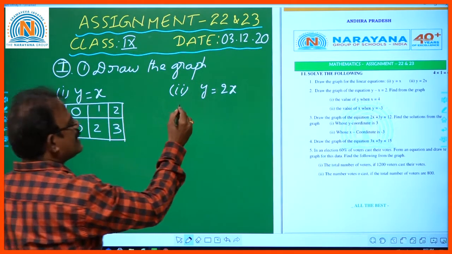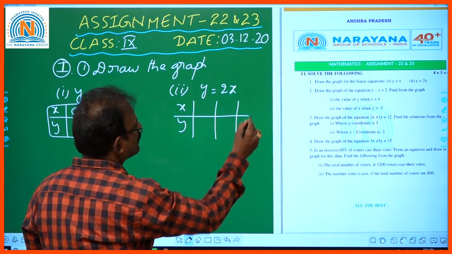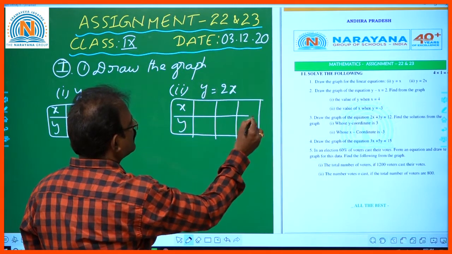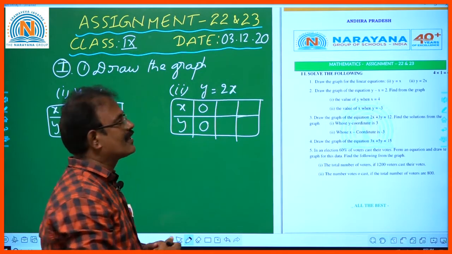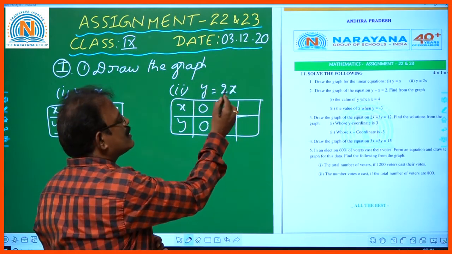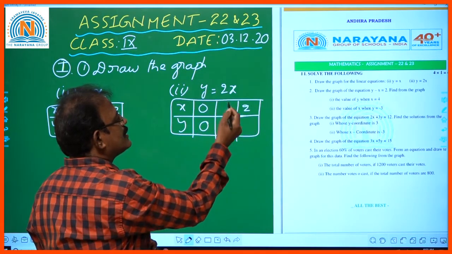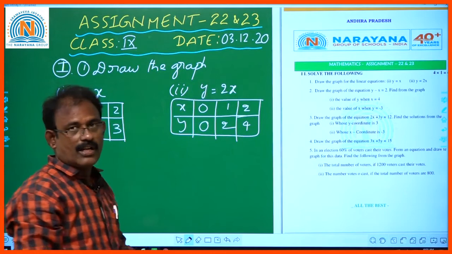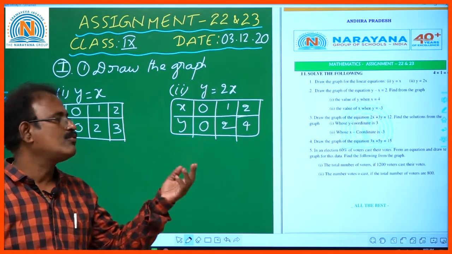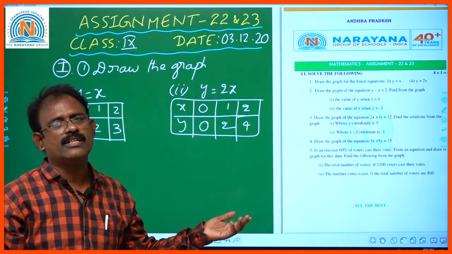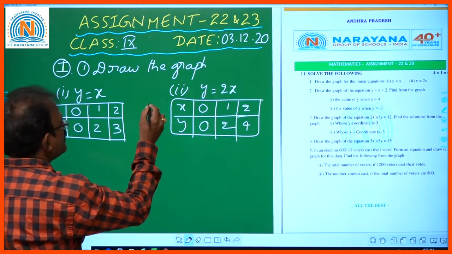And here, if x is 0, 2 times 0 is 0, y is also 0. If x is 1, 2 ones are 2, y is 2. If x is 2, y is 2 twos are 4. A straight line contains infinite points. Out of infinite points, 2 points are actually enough, more than enough to draw the straight line.